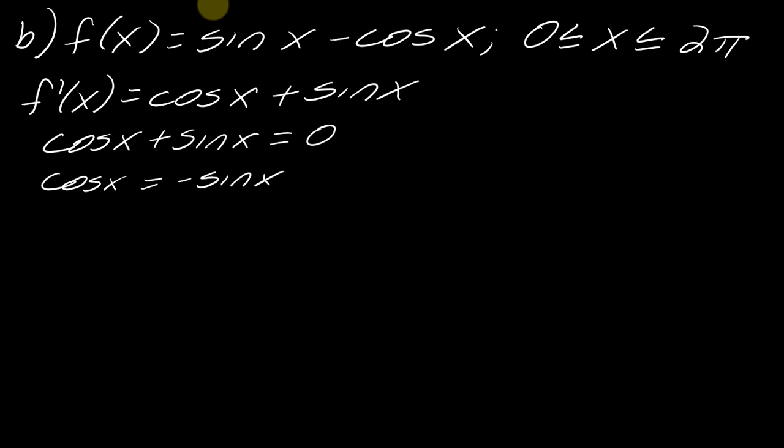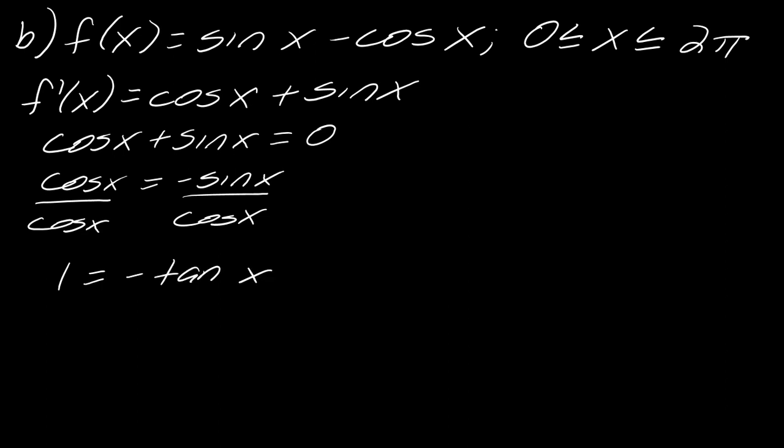I'm going to divide each side by cosine, so I get 1 equals negative tangent of x. Then I'll divide both sides by the negative to get this.